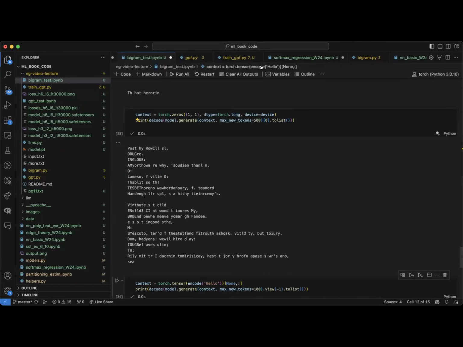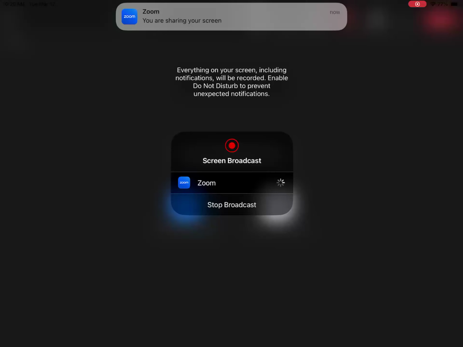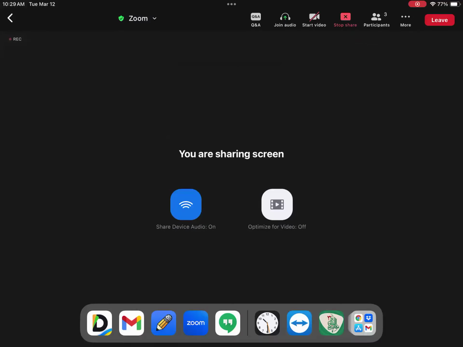Let's go to GPT, which I was hoping to be able to talk about, and that produces a much better output. Let me share this again.